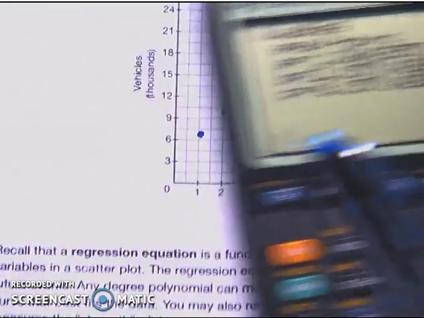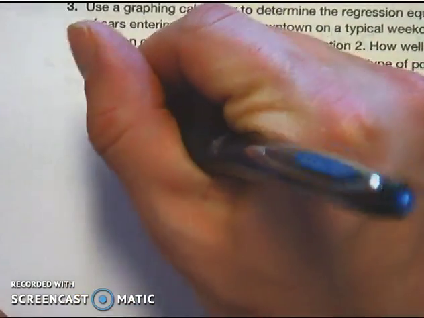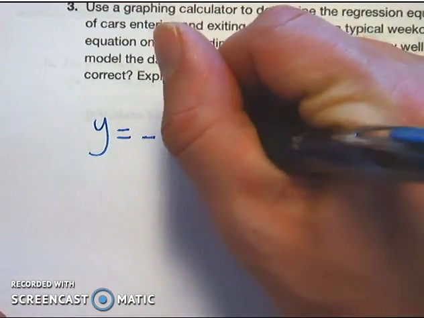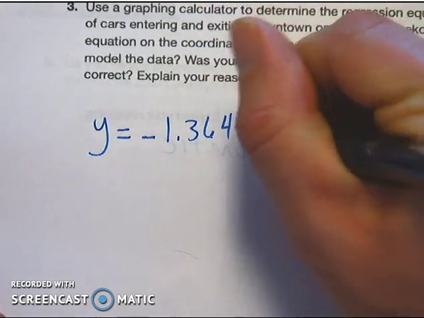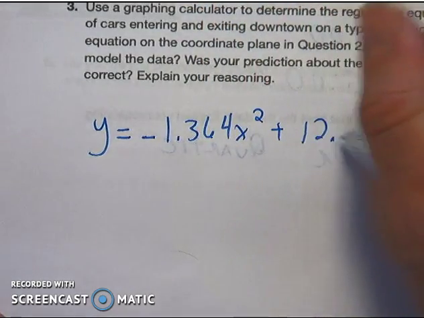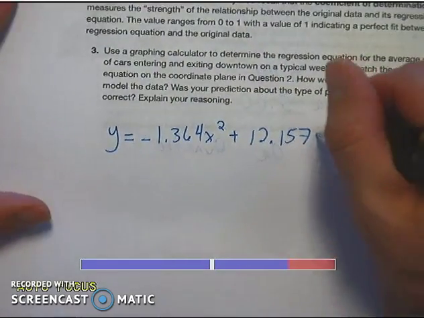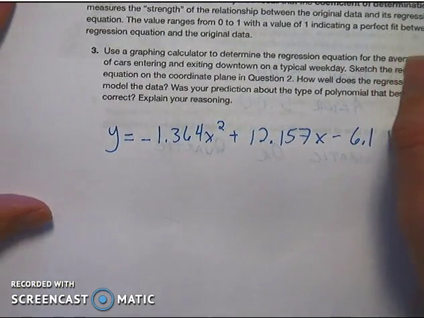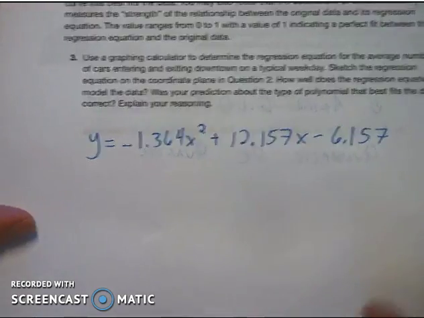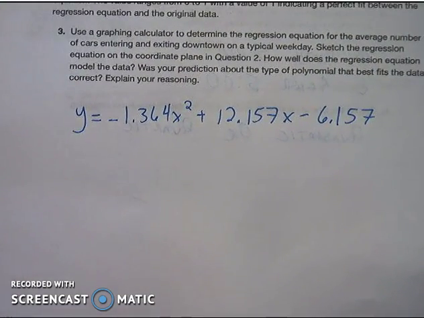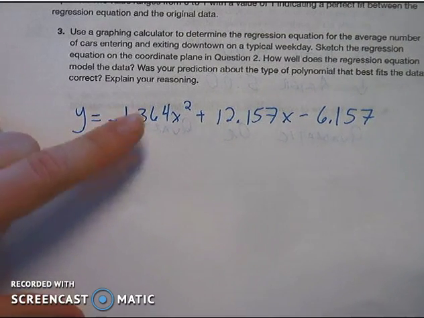Let's write down what that equation is. I'm going to write it under number 3 here. It's going to be y equals negative 1.364x squared plus 12.157x minus 6.157.